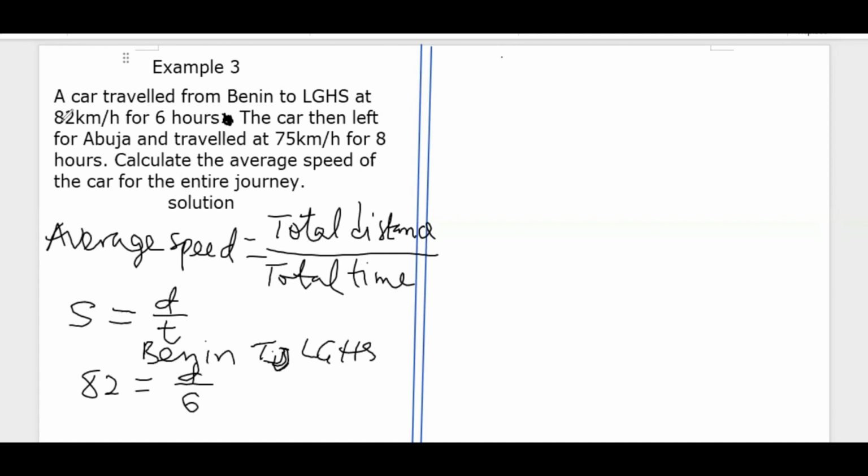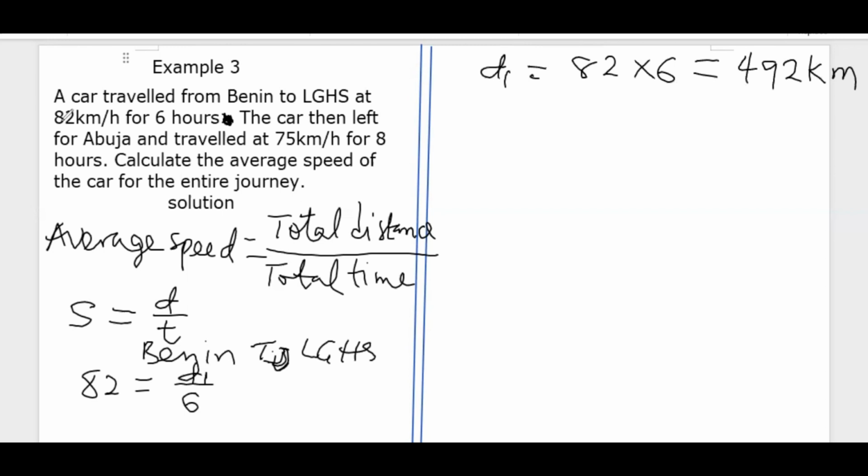So when you cross multiply, you get D. We can call it D1, to distinguish between the distance from Benin to LGHS and that of LGHS to Abuja. So we have D1 equals 82 times 6, and that gives us 492 kilometers.